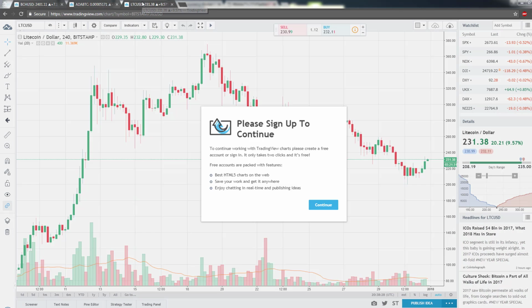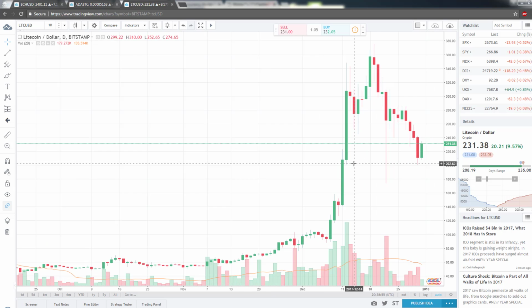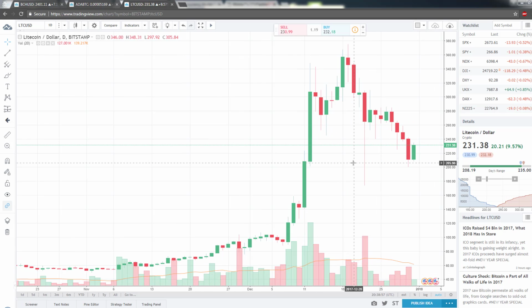Litecoin. Now let's see. For the past 20 or so days, this has been in a downtrend. Litecoin.